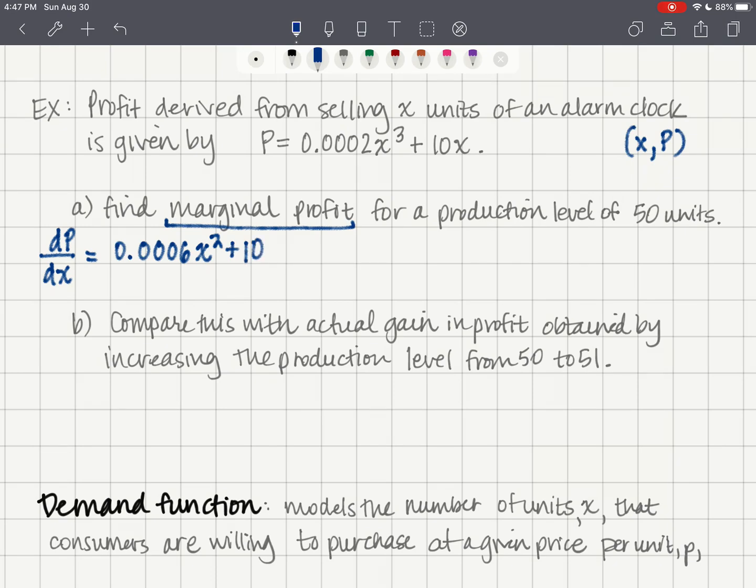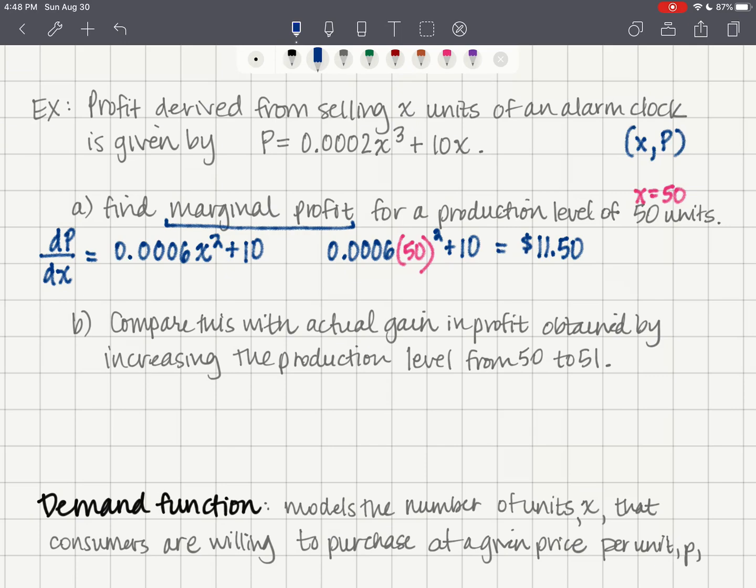Now I'm going to take this x equals 50 here, and I'm going to put that in for x. So I've got 0.0006 and then 50 squared plus 10. And when I put that into my calculator and I multiply 50 by itself, multiply it by 0.0006, then add 10, I get $11.50.